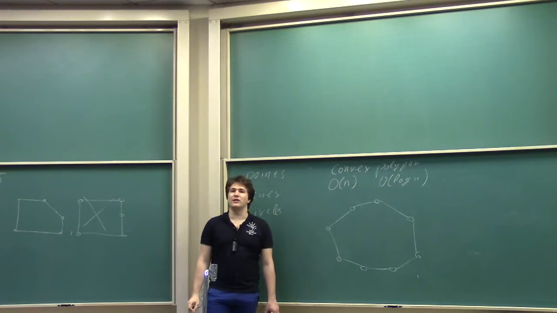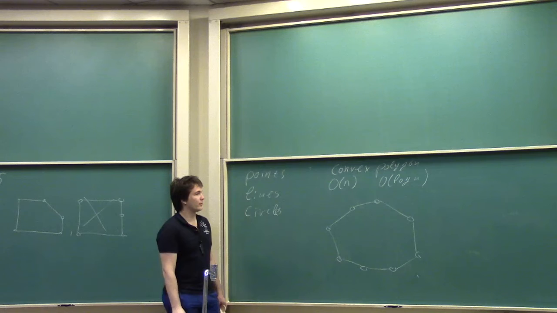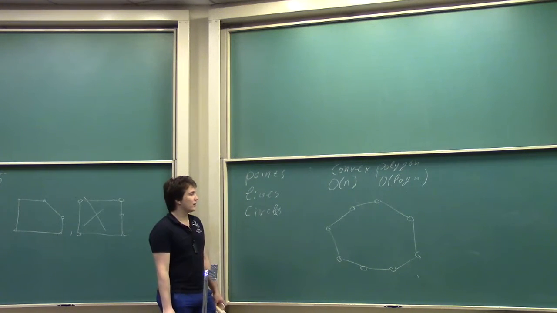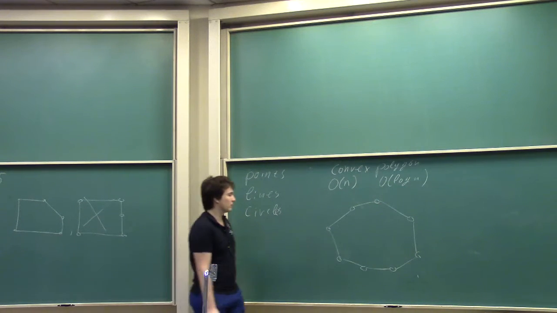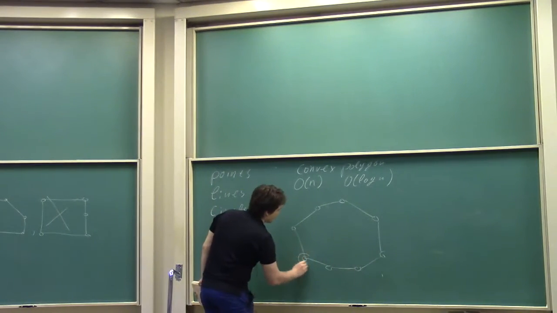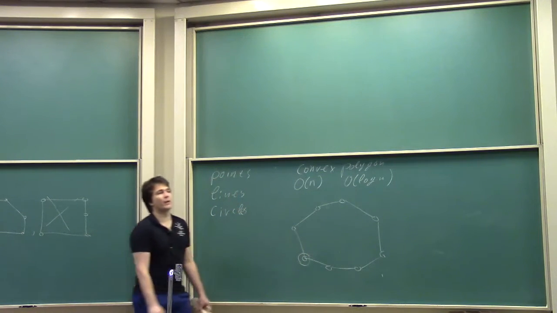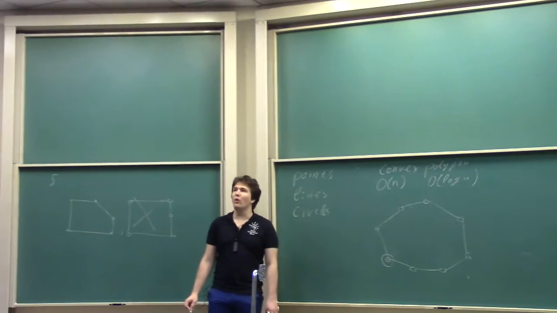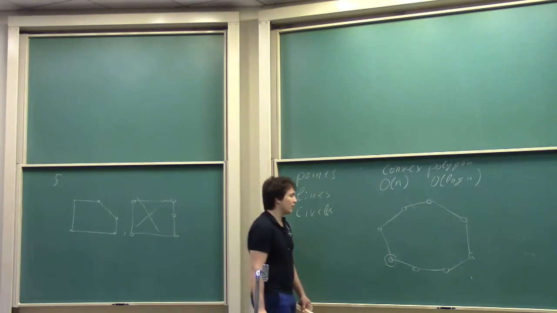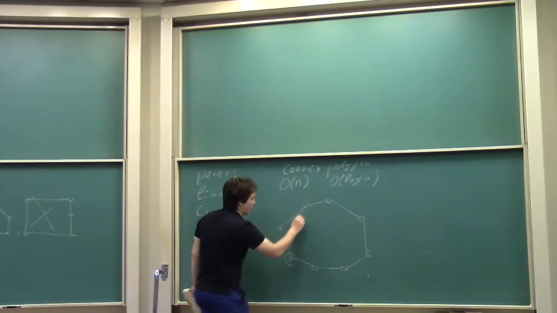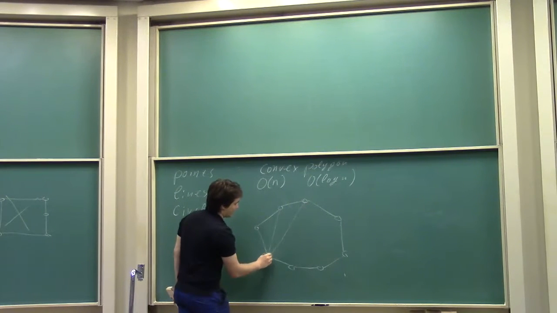So what's the main idea of this algorithm? That is, take any point. For example, just like the first one. Or it will be better to take lowest and leftmost among lowest. Now draw the following triangles.